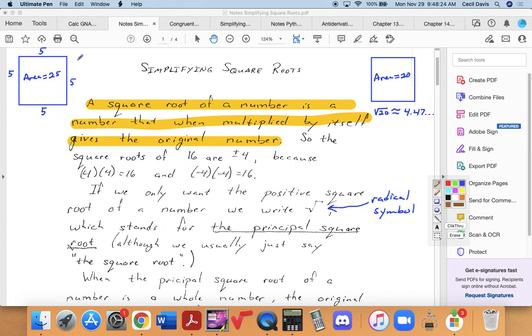So, these are nicer numbers though, right? 5 is a nicer number than 4.47 with an infinite number of decimal places, isn't it? In this case, what we call 25 is a perfect square number.